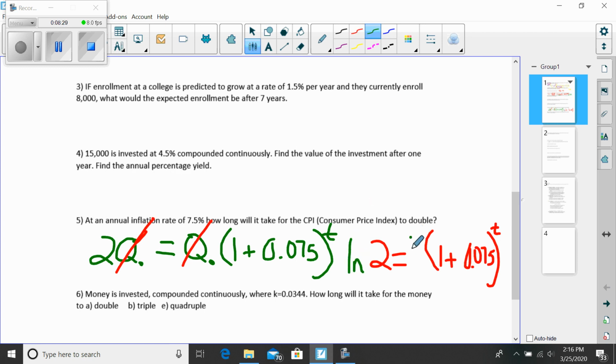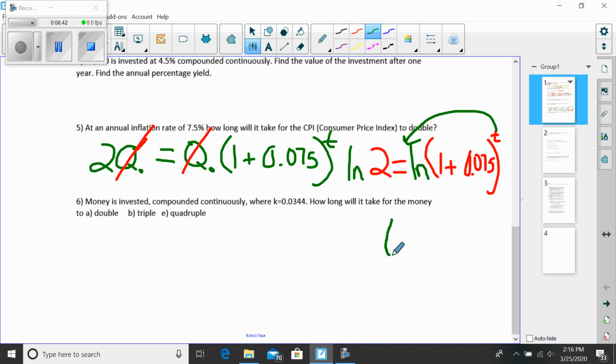And what you haven't learned yet, although you might remember it from high school, is the property of logs that the exponent drops in front. So I would actually end up getting T equals natural log of 2, because the T would drop in front, and then I divide both sides by natural log of 1.075. That's how I would do it, using laws of logs, which are actually Monday's lesson.